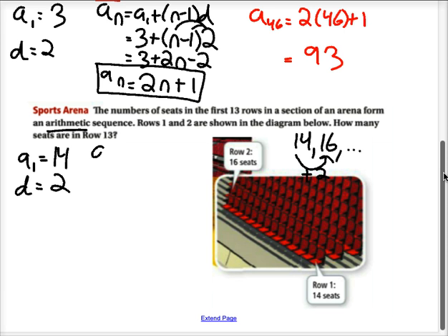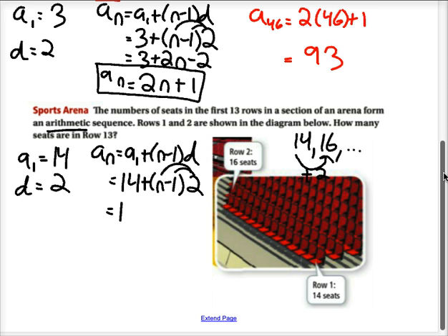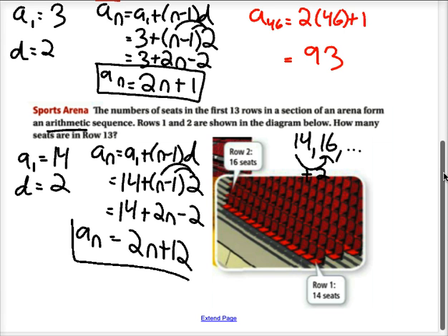So if I'm setting up my formula, I need to plug in my a sub 1, and I need to plug in my d. So I'm going to distribute my d, so I have 14 plus 2n minus 2. So my explicit formula is going to be 2n plus 12.